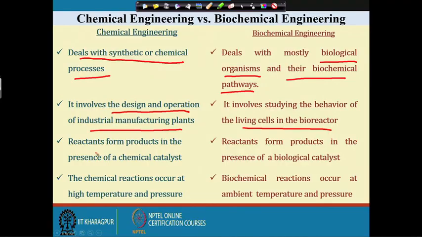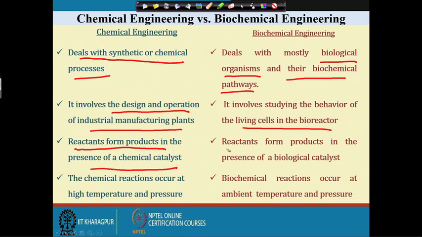But in a chemical process, first of all, penicillin is very difficult to produce chemically, and if you use some kind of complex chemicals, your raw materials will also be complex. As your raw material will be complex, the cost of the raw materials also will be very high.